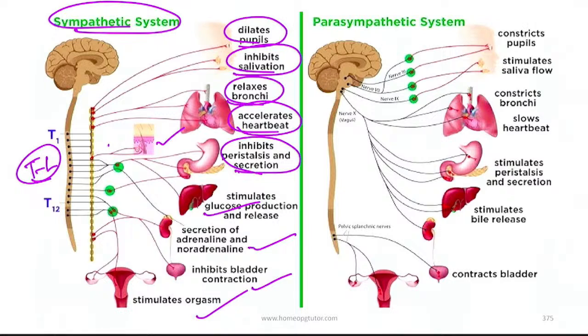Now coming to the parasympathetic nervous system. Parasympathetic nervous system is via what? It is via the craniosacral outflow. Craniosacral outflow is via the cranial nerves and also via the sacral segments S2, S3 and S4.